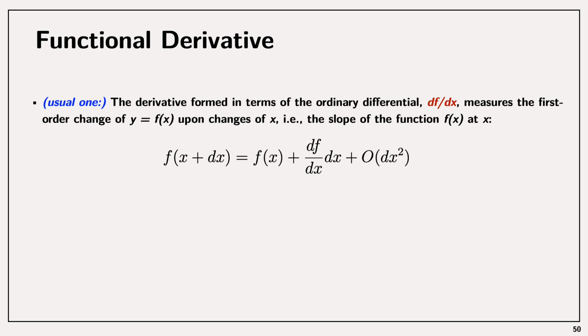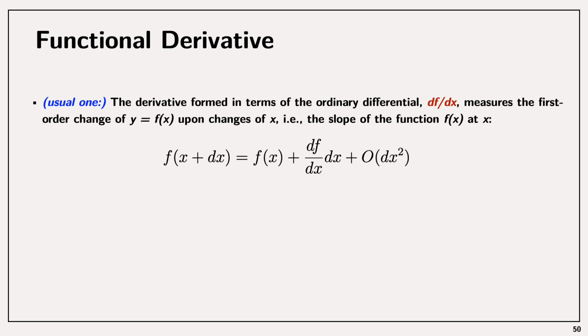And you can see that here I put the O(dx squared). Of course, O(dx squared) is equal to 0 because dx is infinitesimal, but I put it there as a reminder of Taylor expansion. If you have a Taylor expansion for finite variations, we would have a bunch of extra terms. Of course, we don't have them because the variation is infinitesimal, is dx. So this is something that you are used to.